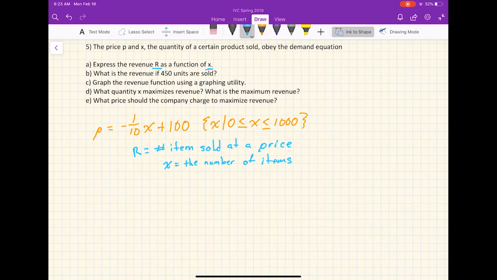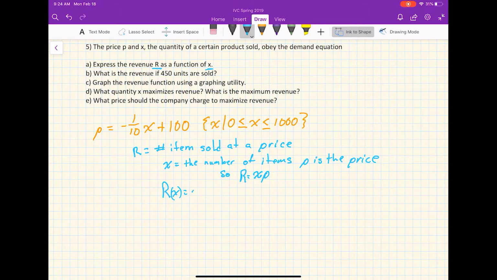So x is the number of items sold, times the price, which is P. So really all we need to do is say x times P, and that's what R is equal to. I'm not explaining this the best way possible, probably.